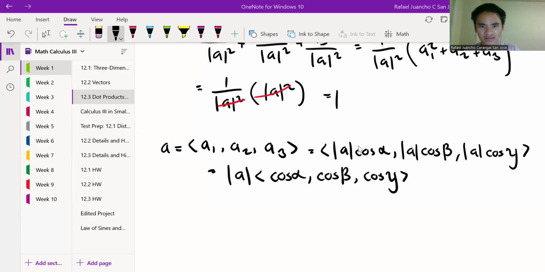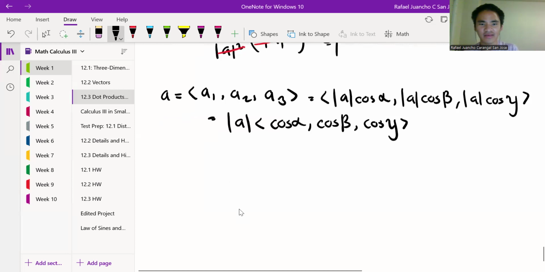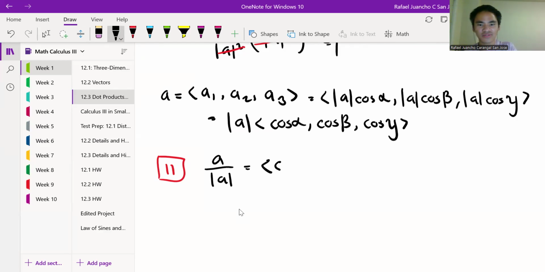And then, oh, there's another way of proving it, funny enough. If we remember our unit vector, right, we can divide this. We get A over its length, which is this thing. And we know this is 1. That's a unit vector.